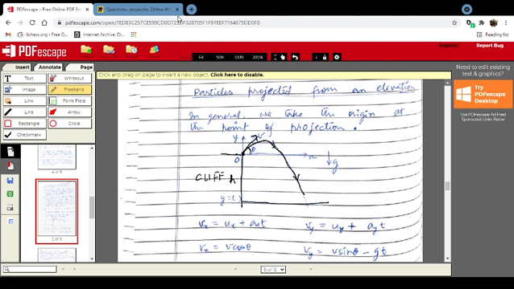So the motion goes on, but the path of the body will not change upon crossing the horizontal. In fact, the path should remain identical to the one which we calculated in projectile motion, and that equation will not change.